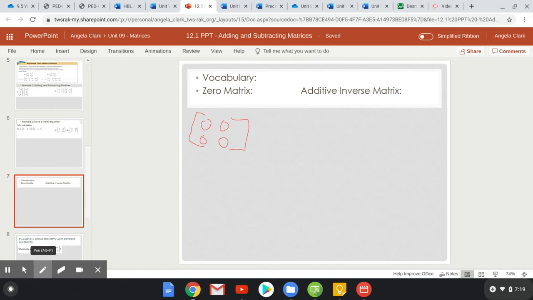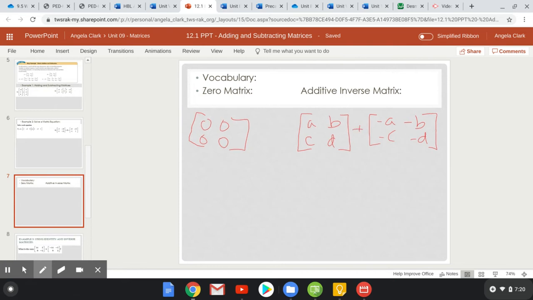So an inverse is something that when you combine it with its inverse, you get the identity. So let me write down a generic additive inverse. If I just have a generic matrix A, B, C, D, then its additive inverse is just going to be all the additive inverses of the elements of the original.